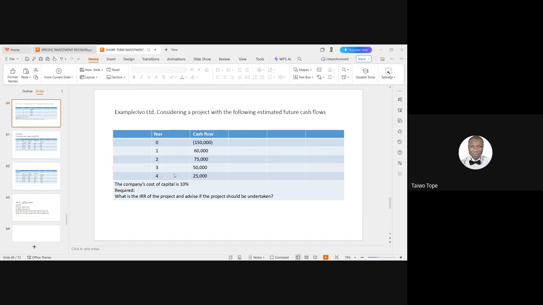In this class, if you don't understand this internal rate of return, raise up your hand. Okay. Madam Esther, talk to me. I didn't get the 17%. So how are you pressing your calculator?